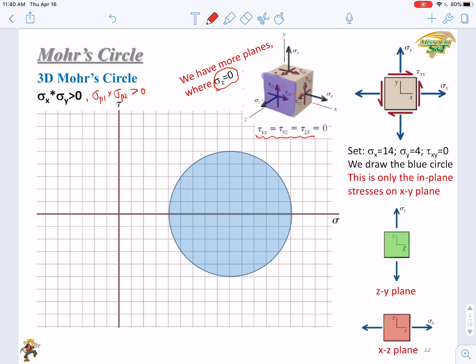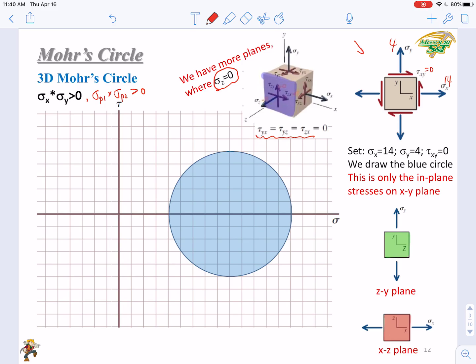Okay, and in this 2-dimensional xy plane, we set sigma x equals 14, sigma y equals 4, then the tau xy equals 0. Okay, so this is a status of a plane of a principal stress. Okay, since you have the 2 principal stresses and tau xy equals 0.